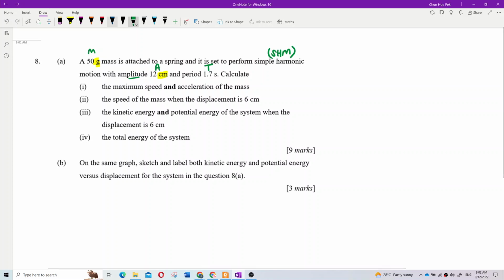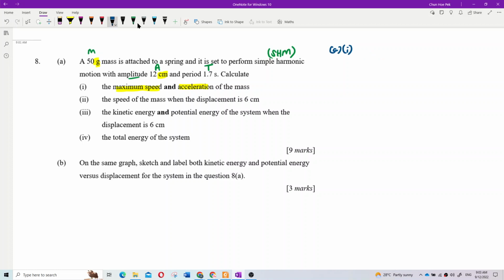Okay, how to do this? We want to find V max and A max. So how to find them?